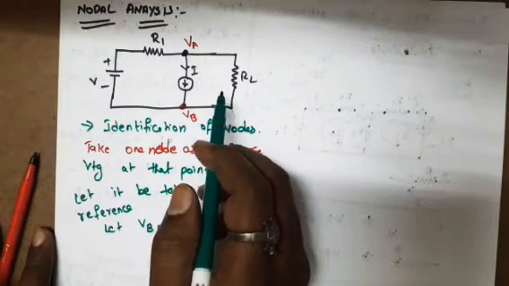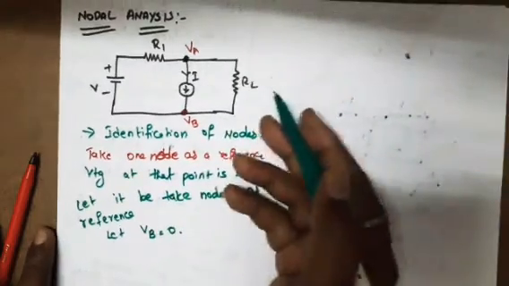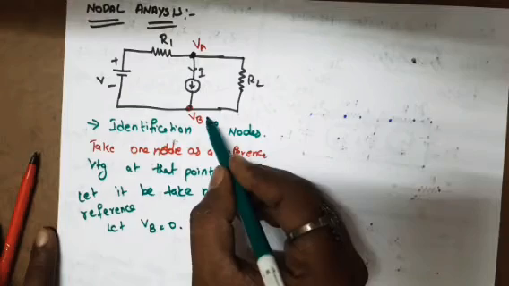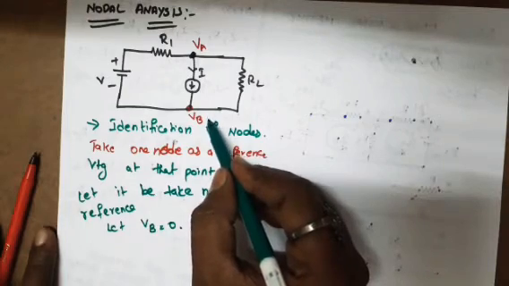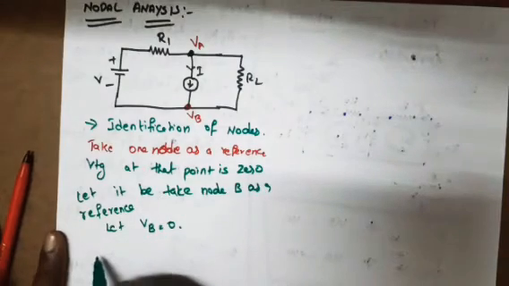Okay, I have to calculate the voltage of the node other than the reference node. We have two nodes, so we take one as the reference node. At the reference node the voltage is 0, so we can find the voltage at the other node. What is the other node?